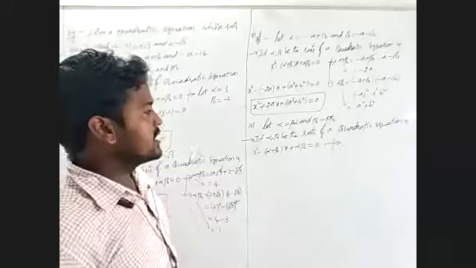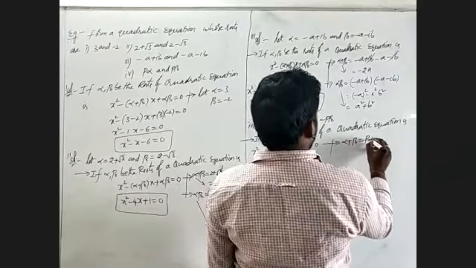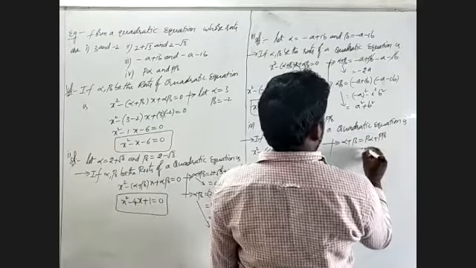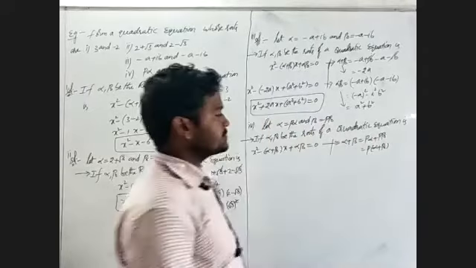Here we'll find the value of alpha plus beta. Alpha plus beta is nothing but p alpha plus p beta. I will take p common, remaining alpha plus beta.